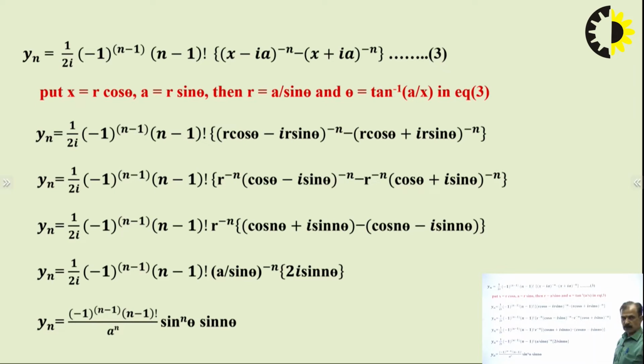We all know the de Moivre theorem of trigonometric functions, so we can use it and multiply the power by theta.